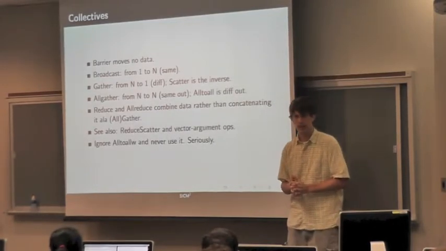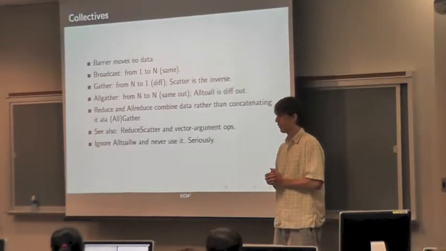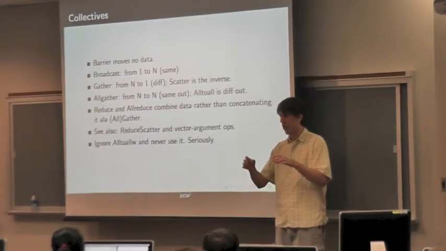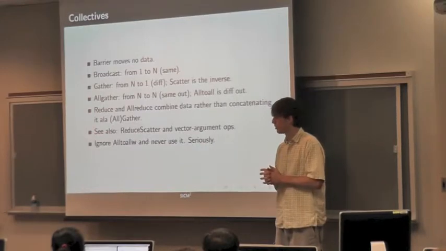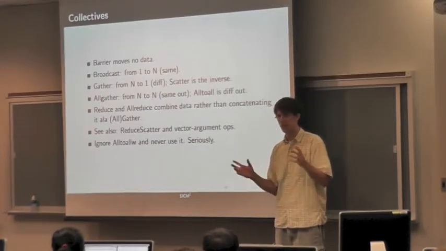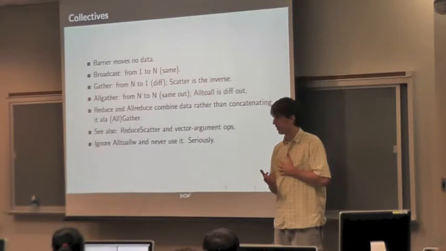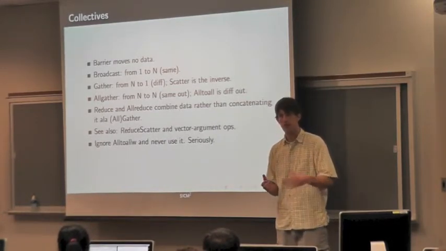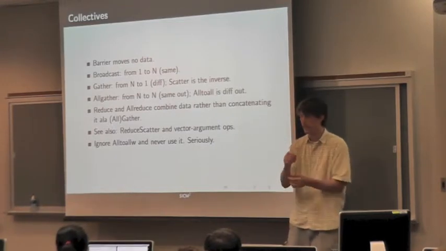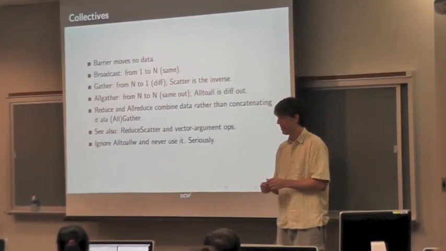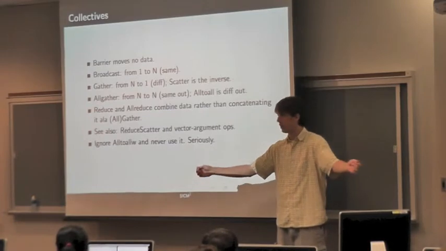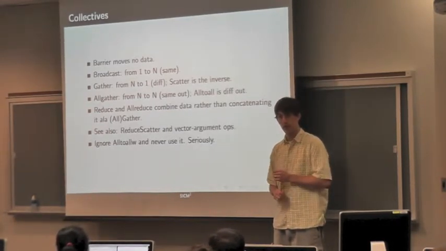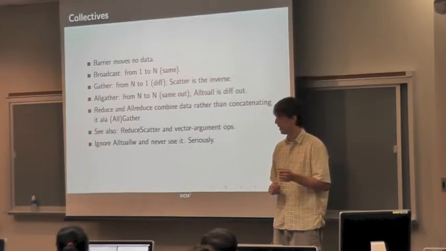There's all gather, which doesn't really work with rocks, but if I had a magical cloning machine... Here's a good example: birthdays. Now that I work for the government, I'm always thinking about PII, so I can't actually collect your birthday. But if I was to ask you for all of your birthdays, write them all on a list, and then give you all the whole list so we could decide whose birthday we're celebrating next, first of all, I'd violate all the PII rules that I'm supposed to abide by.